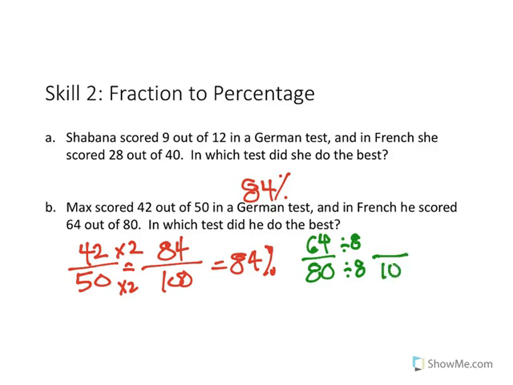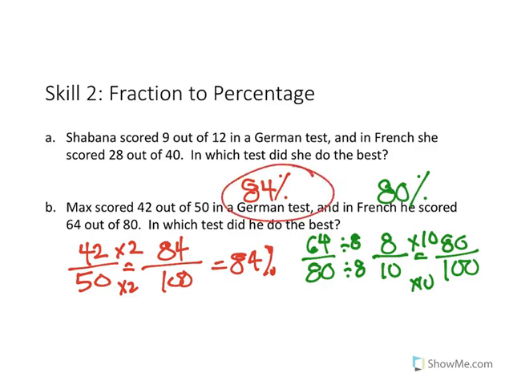Now, if I divide by 8, I'll end up with 10 on the bottom, and I'll get 8 on top, which then turns into 80 out of 100 because you multiply by 10. So on the French test, he earned 80%. So he also did better on the German test. Maybe German's easier. And that's it.